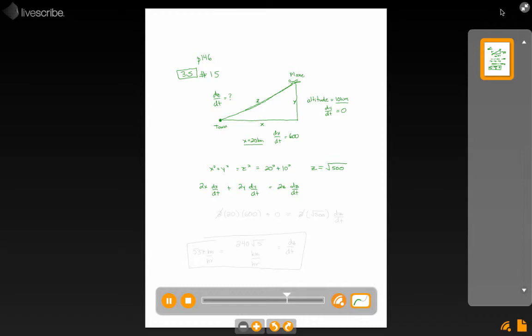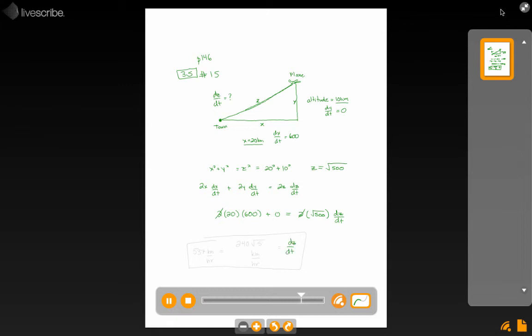So in solving this, I've got 2 times 20 kilometers times 600 kilometers per hour plus 0 equals 2 times the square root of 500 times dz by dt. And you can do a little simplifying, divide by 2 on each side, fix your square root, etc.